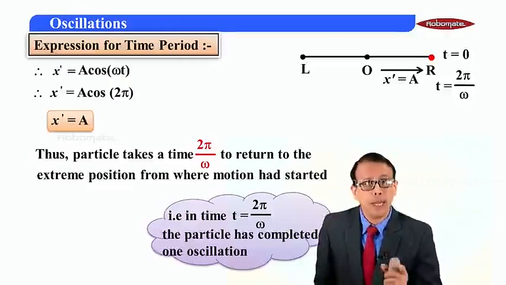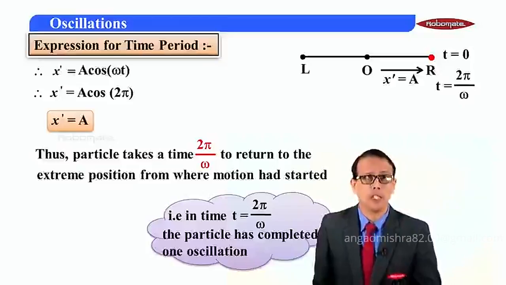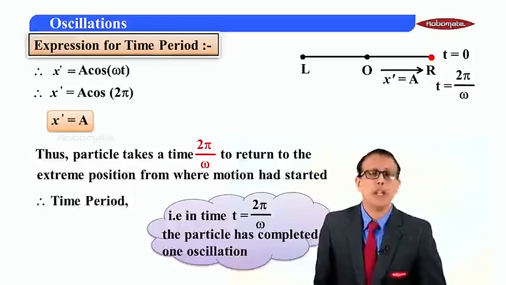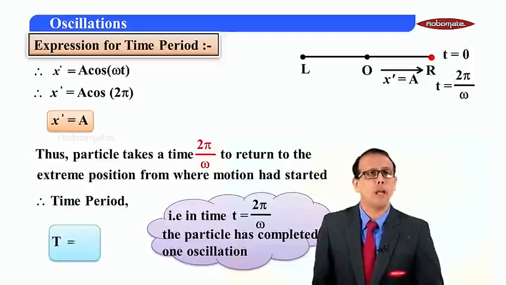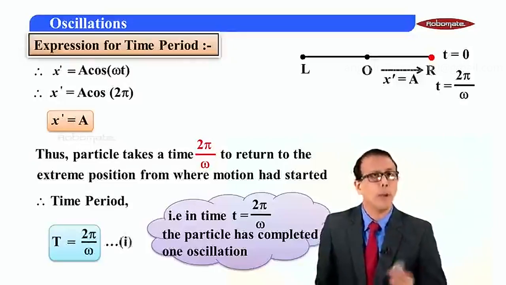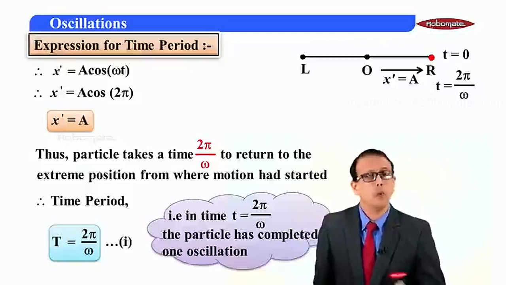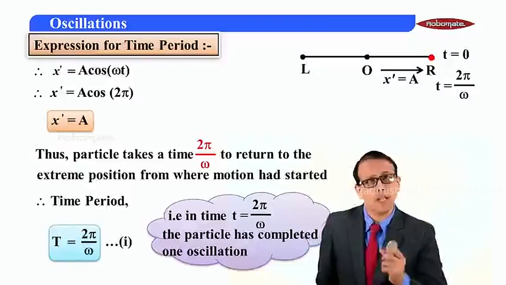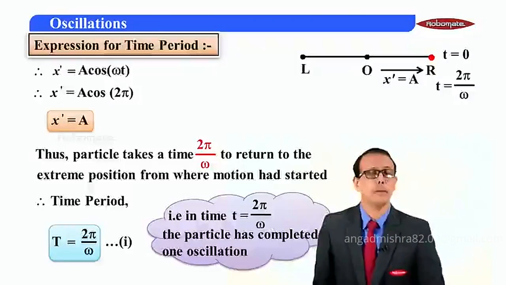But we know time taken to complete one oscillation is nothing but time period. And hence students, I can say time period will be given by the formula T is equal to 2 pi by omega. So in this way, we have derived expression for time period here.